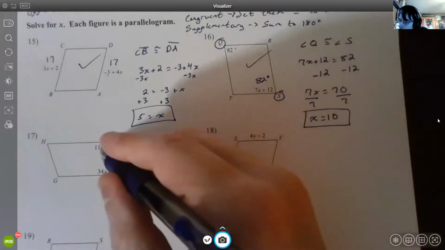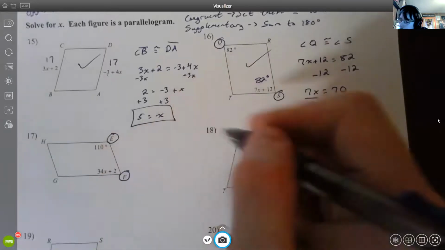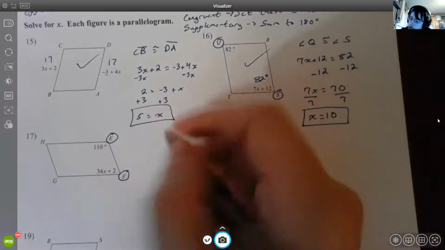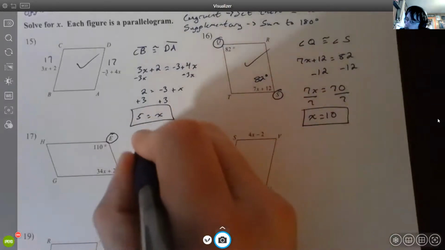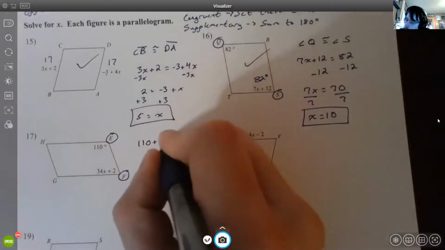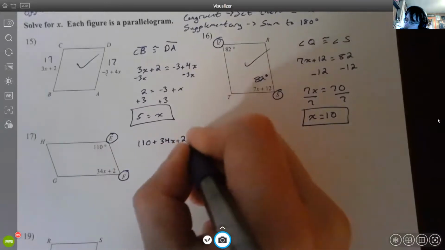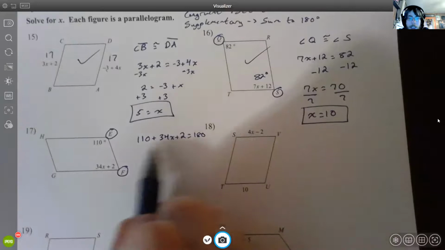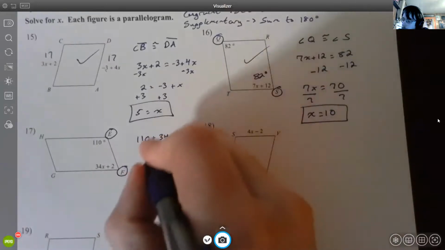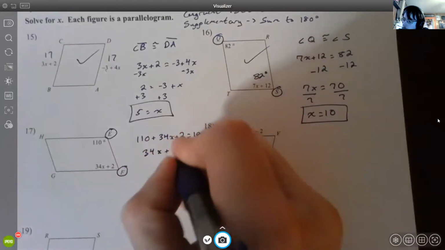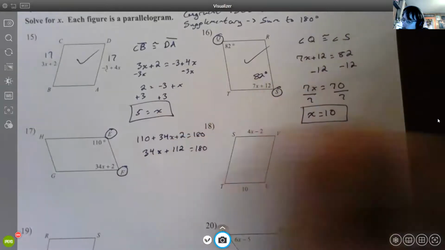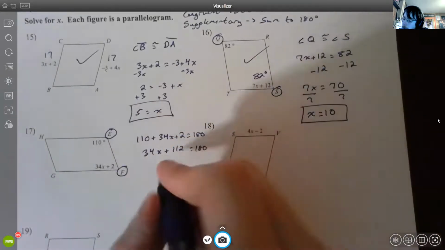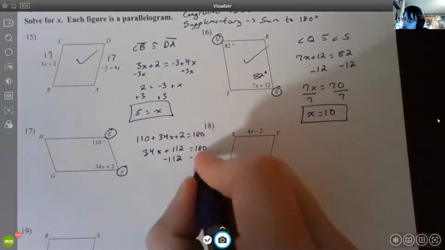So that means we need to take 110 and 34x plus 2, add them together and set them equal to 180. So 110 plus 34x plus 2 equals 180. On the left side, we can combine 110 and 2, which will give us 112. 34x is already by itself, so we need to subtract 112 from both sides.